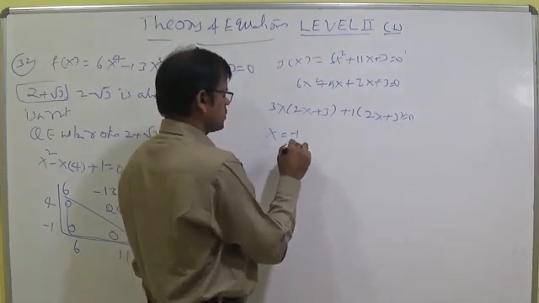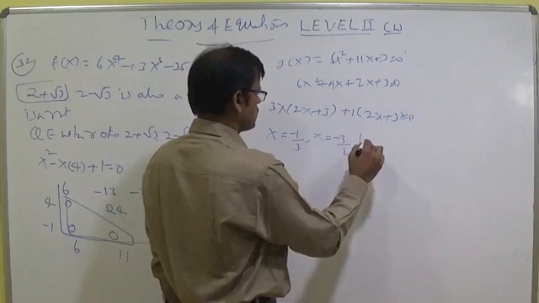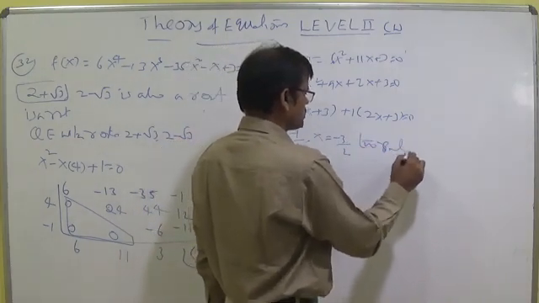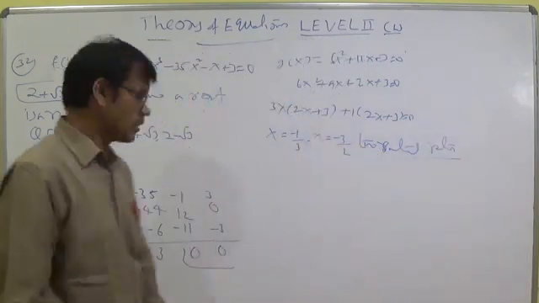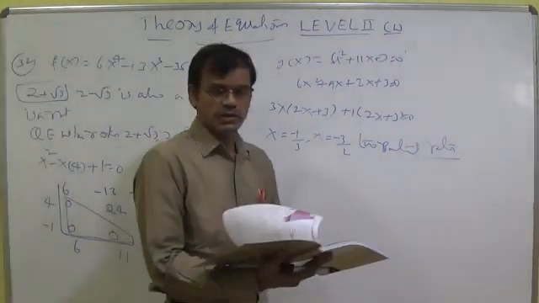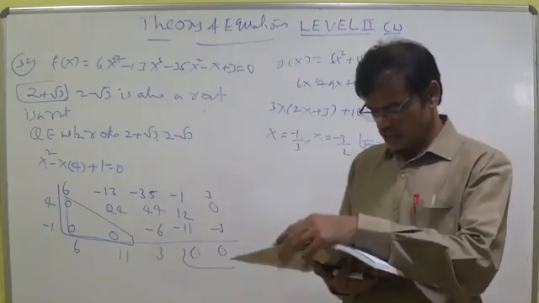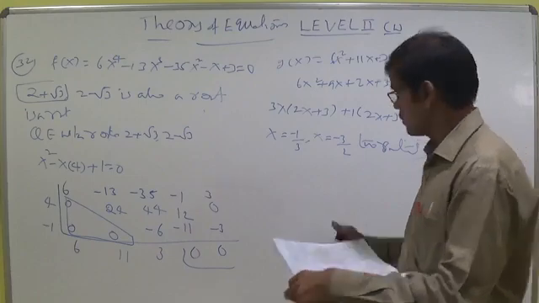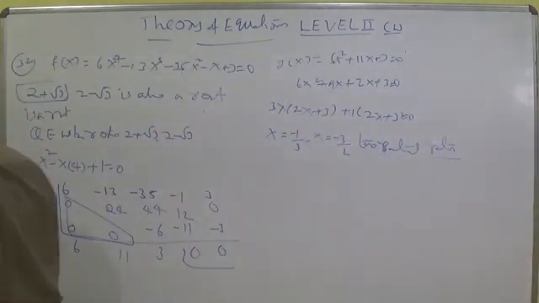So x is equal to minus 1 by 3, x is equal to minus 3 by 2. So there are two rational roots for the equation. 32nd question: only two roots are rational, two roots are surds. First option. Now let us discuss the 33rd question.